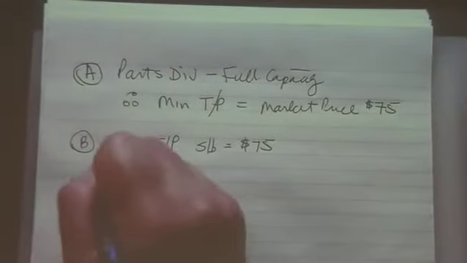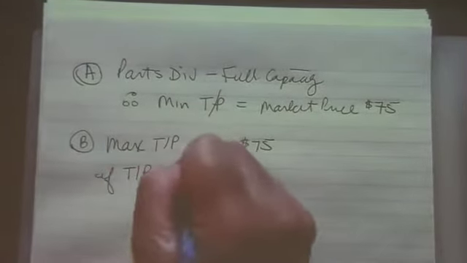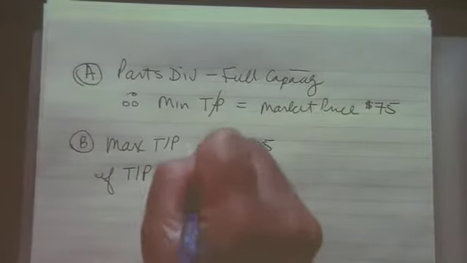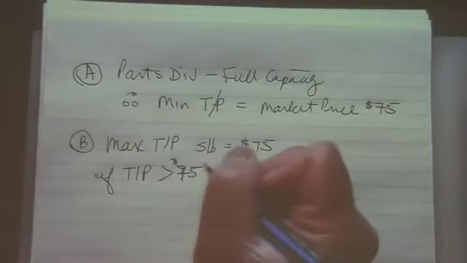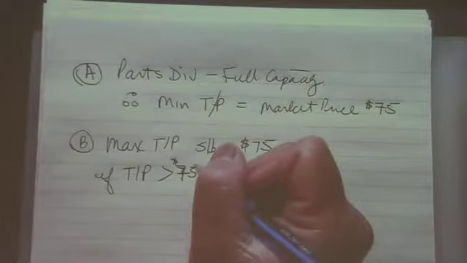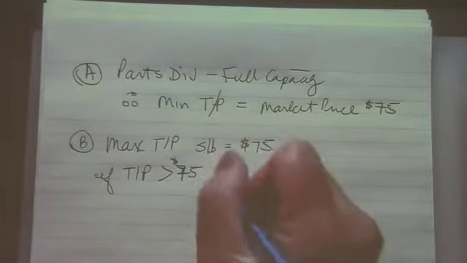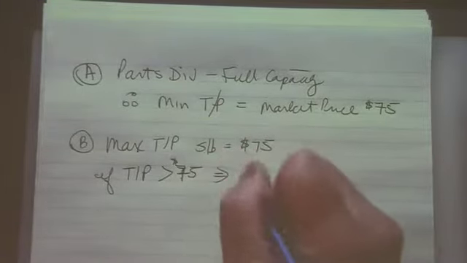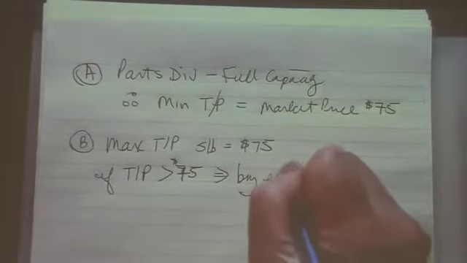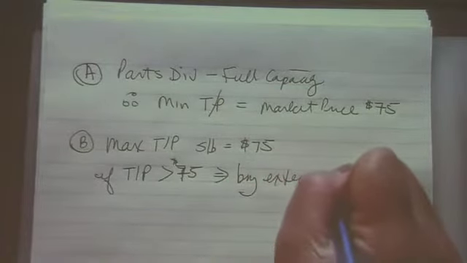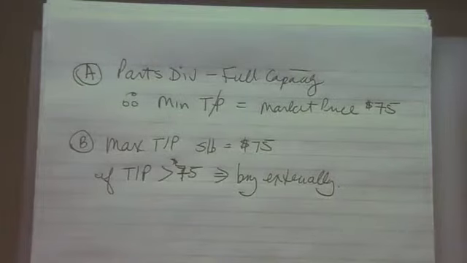Now, if transfer price is greater than $75, then the manager would be better off buying it from an outside party. So buy externally.